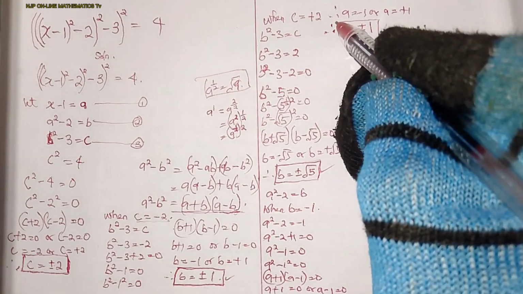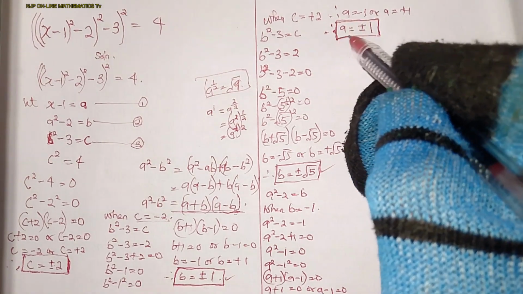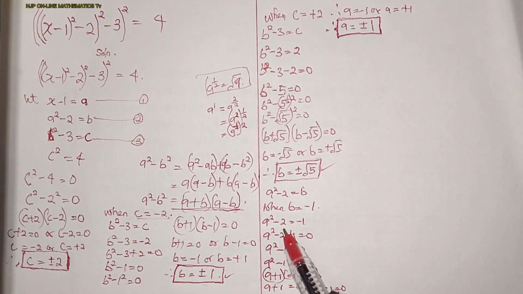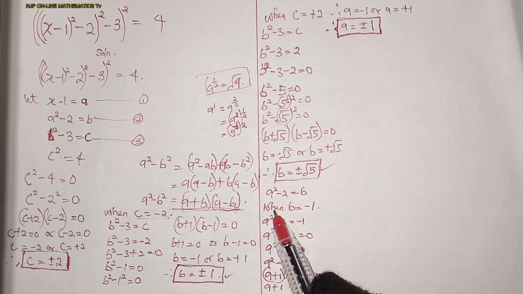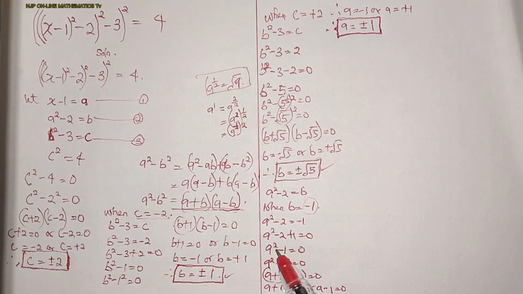Now we have obtained the value for a when we substituted when the value of b is a negative 1. Please take note that whenever we are substituting the values of each of the variable when it's a negative 1, we continue to have a positive or negative 1.